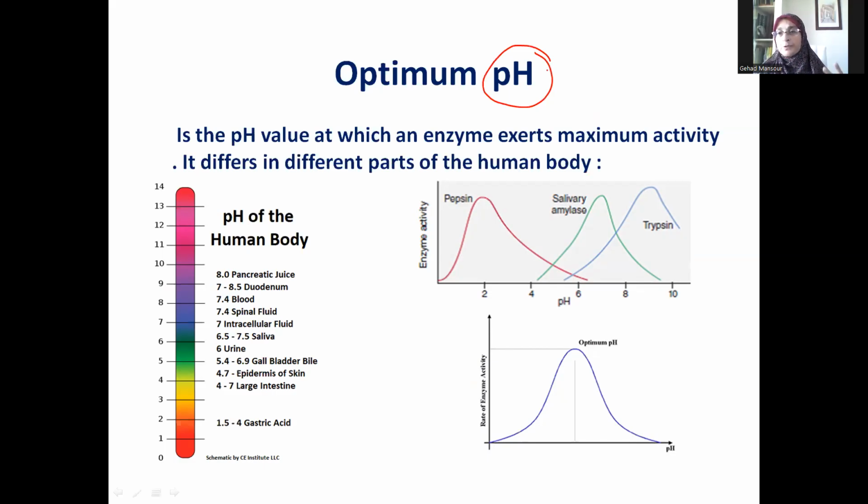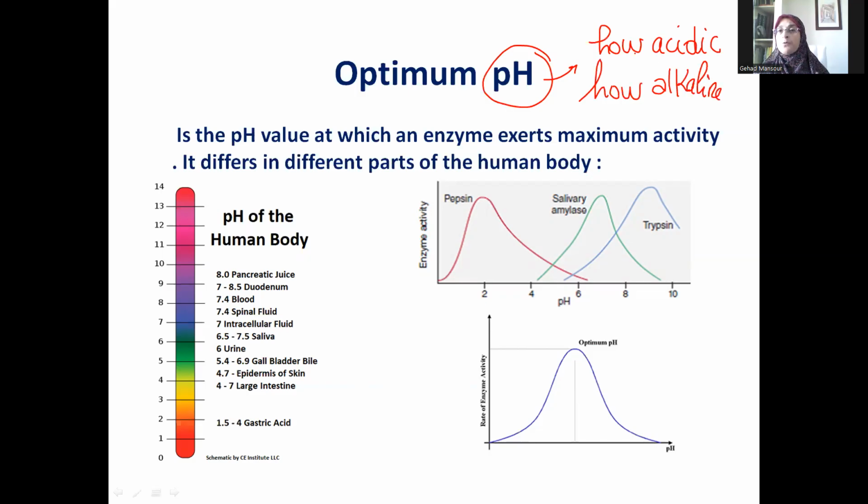I don't know whether you studied pH in the middle school or not, but we can simplify the definition of pH for the time being and say that pH is an indication of how acidic or how alkaline the solution is.